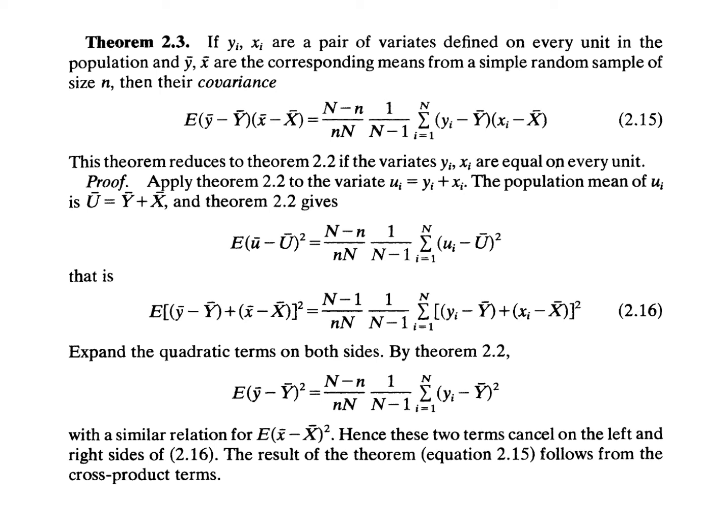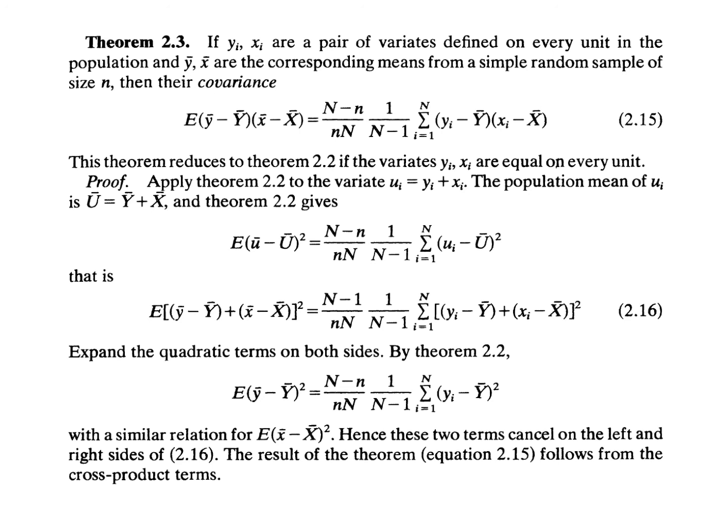Then their covariance, the expectation of (y bar minus capital Y bar) times (x bar minus capital X bar), is equal to (N minus n) over (N times n) multiplied by 1 over (capital N minus 1) multiplied by the summation of (y minus Y bar) times (x minus X bar). This theorem reduces to theorem 2.2 if the variables are equal on every unit.